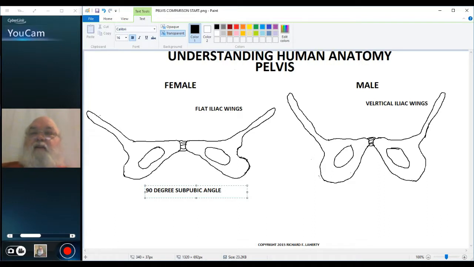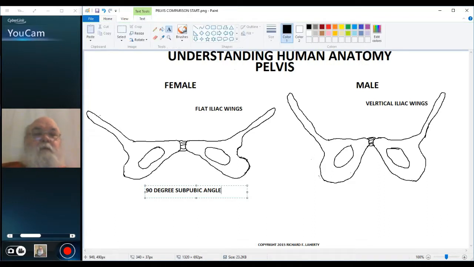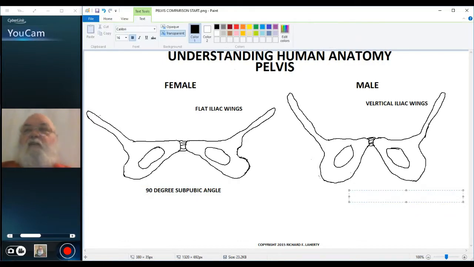On the other hand, the subpubic angle on a male pelvis is less than 90 degrees. And angles that are less than 90 degrees are called acute angles. So we have an acute subpubic angle in the male.